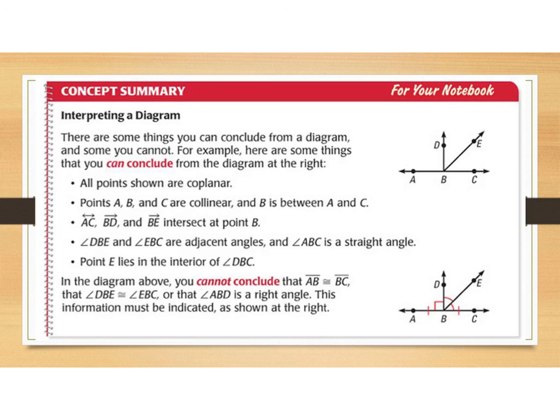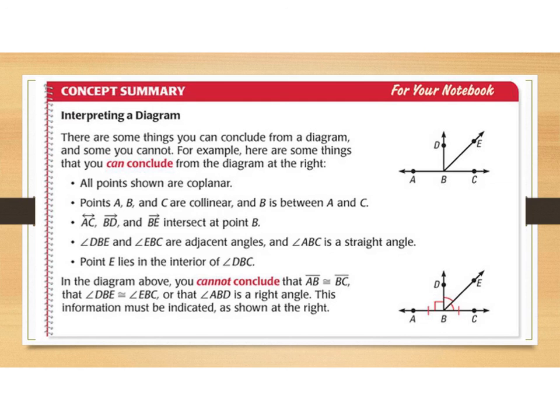Or if they had numbers, then you can conclude that. So don't assume anything. The only thing you can assume from a picture is that you have a straight line or a straight angle. You can never assume that something's a right angle unless it tells you it's 90 or it has the little square.